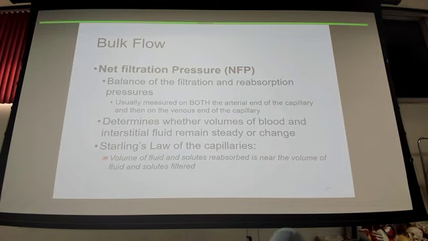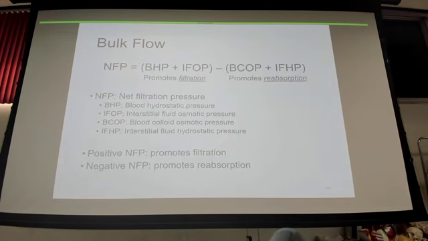So what we deliver is about the same as what we pick up, okay? Not exactly, but about, okay? All of the Starling forces have the caveat of within limits, or to a certain extent, or something like that, okay? There is no perfect system, especially in human physiology.